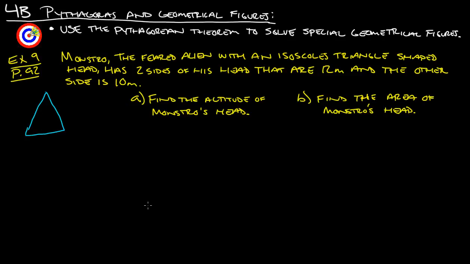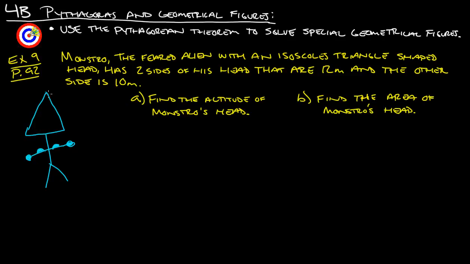Okay, so there's Monstro's head. Right, let's make Monstro's body. Here he is, his big muscles, and his big club fists. Okay, as you can tell, I'm not an artist.